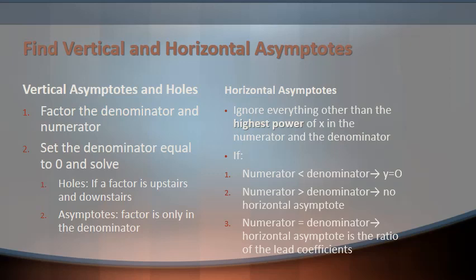An asymptote is where a curve is approaching a given line, but the curve of that graph does not cross that line. It approaches it, sometimes infinitesimally close, but never quite goes over it.